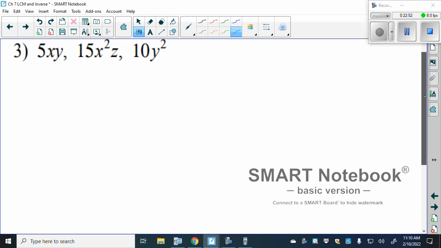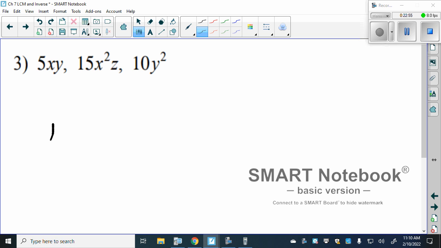Let's look at the next one here. Least common multiple. 30. In this one here, if we use the graphing calculator, we don't even really need to do it with 5. Because 5 and 10's least common multiple is 10, because it's the smallest number it can turn both of those into, and 5 and 15's least common multiple is, well, 15.